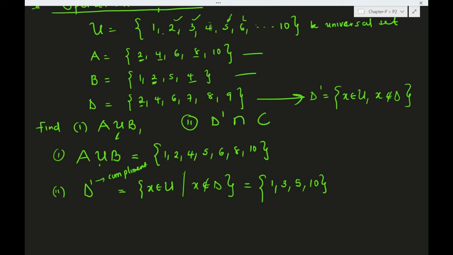These are the elements that are inside the universal set but are not in D itself. So this is D prime.